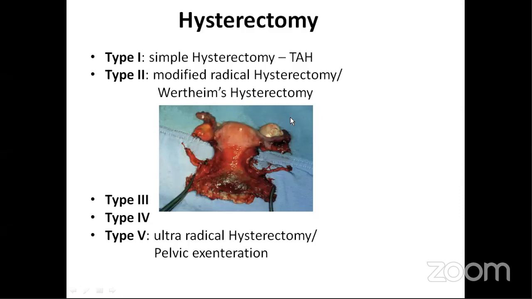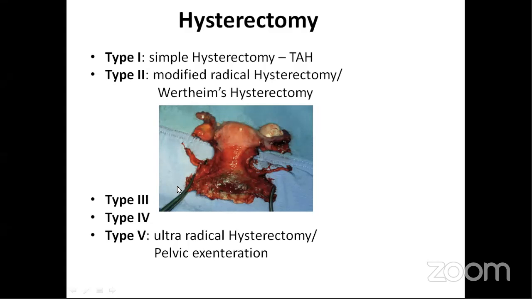All this together is called Wertheim's hysterectomy. Okay, now type 3 is also called Meigs hysterectomy, wherein apart from Wertheim's hysterectomy, one more thing is added: the cardinal ligament and the uterosacral ligament. The medial 1/3 of it is scraped out or excised.